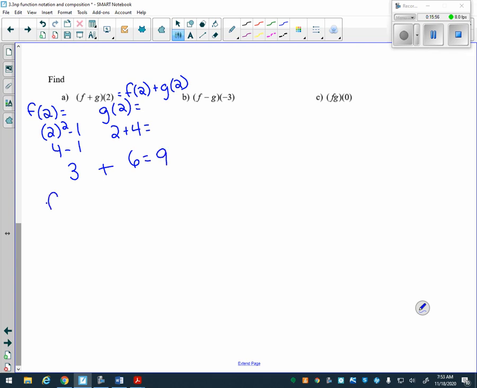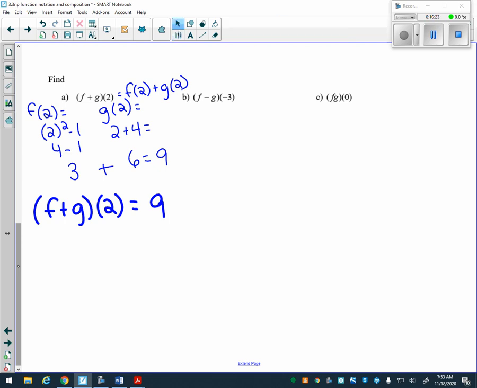So you end up having f plus g of 2 equals 9. You could have written this as one, but just to show you how it looks separated, you evaluate f of 2 first and get 3, g of 2 next and get 6. Add those two together, and you get 9.